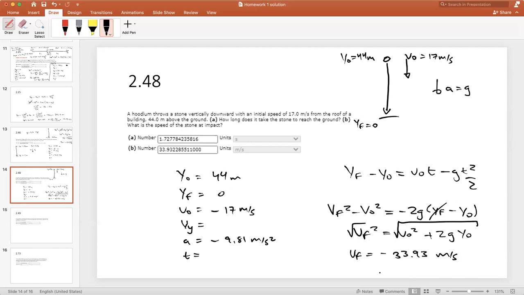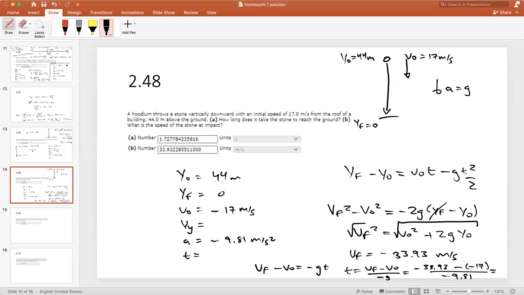Once I know that, though, I know I have v final minus v initial is equal to minus gt, or t is equal to v final minus v initial over minus g. Now v final was minus 33.93, v initial was minus 17, and this is minus 9.81. So what I get is 33.93 plus 17 divided by 9.81.